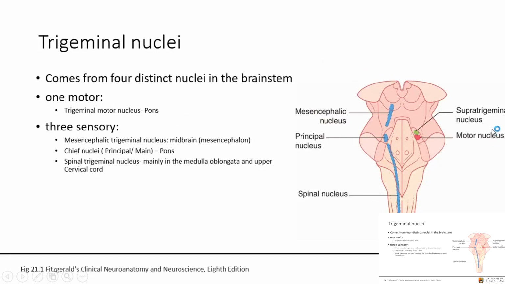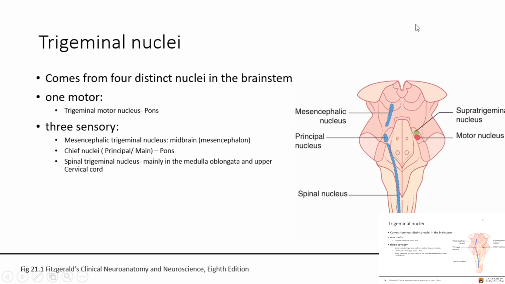Now, looking at the nuclei of the trigeminal nerve, we are mainly talking about afferent fibers in here. These fibers are traveling from the periphery towards the nuclei, and in this one, motor or efferent fibers are traveling in the opposite direction.